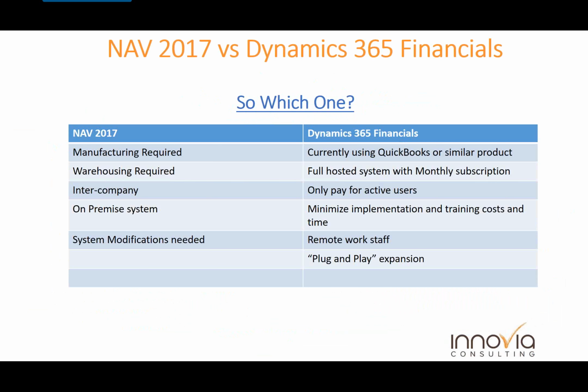In Dynamics 365, implementation isn't as hard, and the tools for getting you up and running are easier. And once you set your users up, and once you set your posting groups up, you get your chart of accounts, you get some basic training, it's not too tough, and you can get going quicker. So we're finding that it's significantly less expensive to do those.